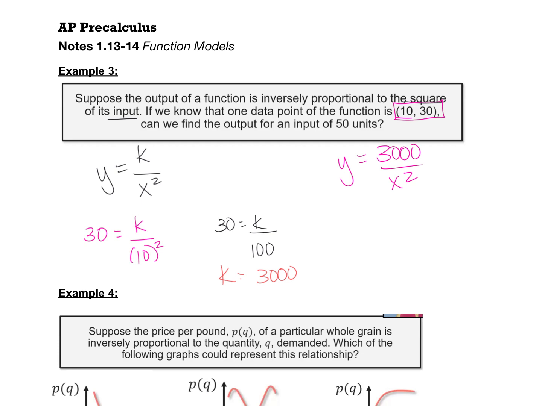The next thing it asks me is, can we find the output, so I want the y value, for an input of 50 units, all right? So what are we going to plug in 50 for? X, and that's all we do. So y equals 3,000 divided by 50 squared. 3,000 over 2,500.